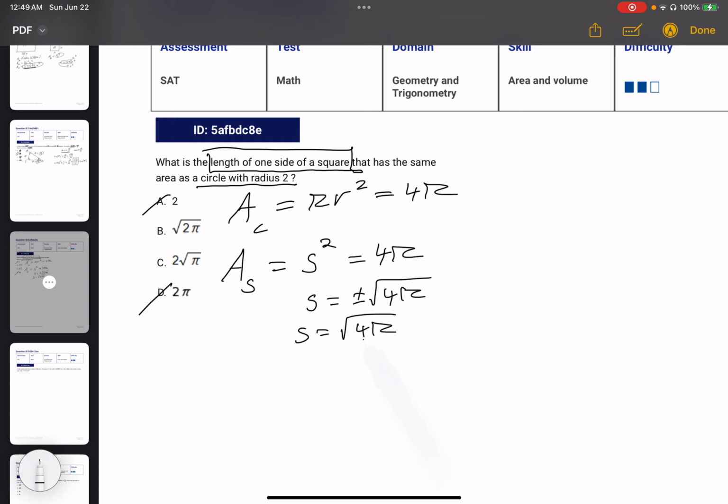So we look at this quantity, and we simplify the square root of 4 because we know the square root of 4 is equivalent to 2. So we bring the 2 outside of the square root and square root the pi. That's just a basic algebra rule you kind of need to know to simplify down square roots. So our answer is going to be C for this one.